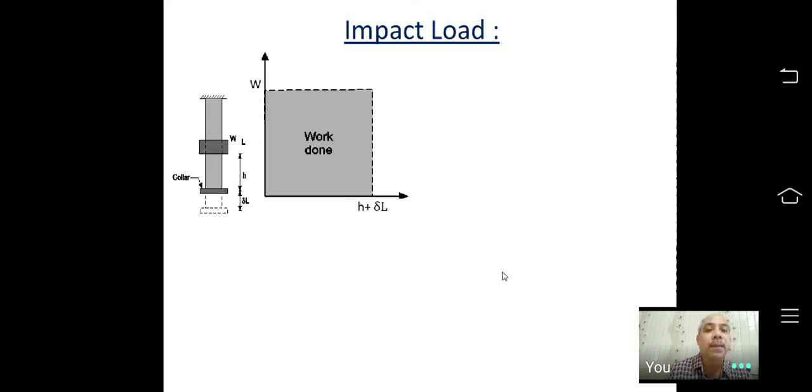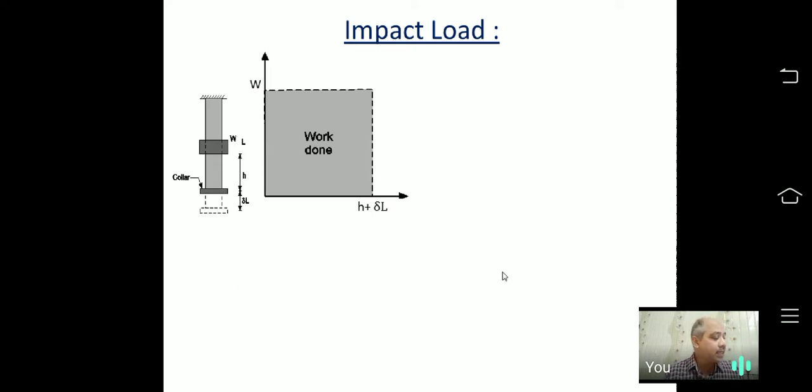That is W multiplied by its displacement. Now you can see in the figure your displacement is H plus delta L. So on the deformation curve we have mentioned it as H plus delta L, and W is the weight.